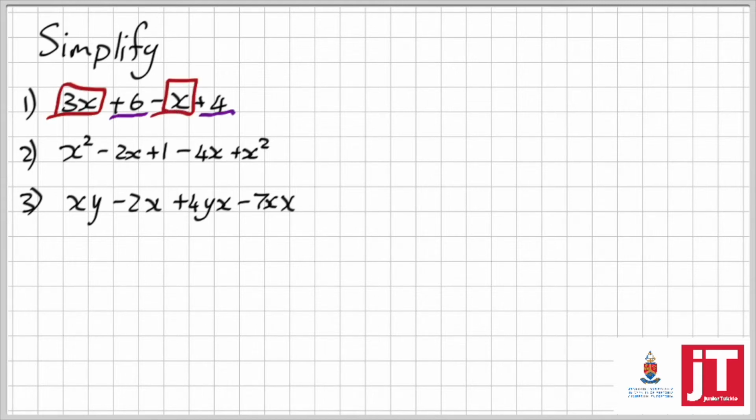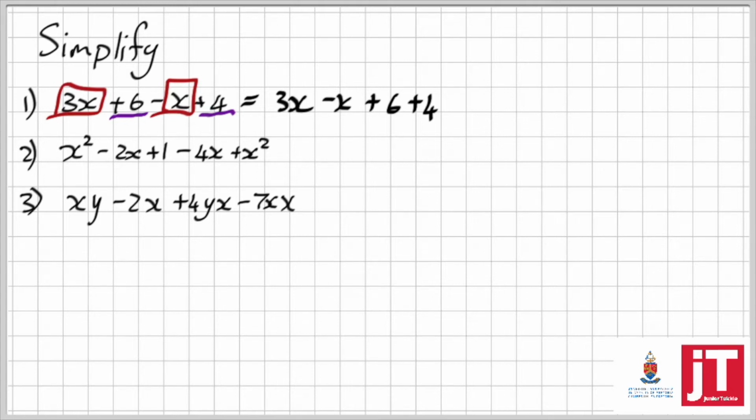So 3x and the x I put as boxes. So I can see that they are like terms. It's not just that there's an x, but that is 3x, a negative x. So I like to reshuffle them so it makes a bit more sense for me. So I like to put my x's at the beginning, my constant terms at the end.